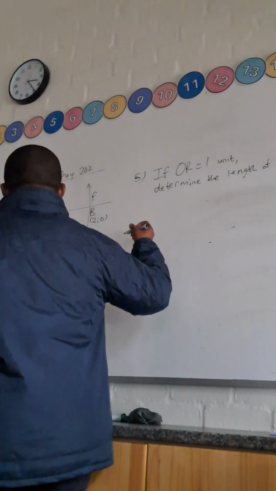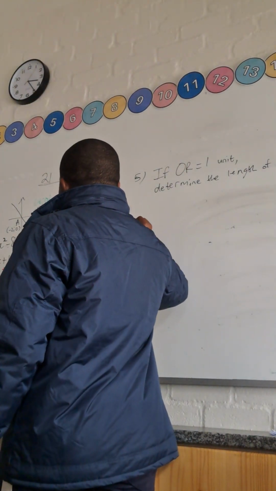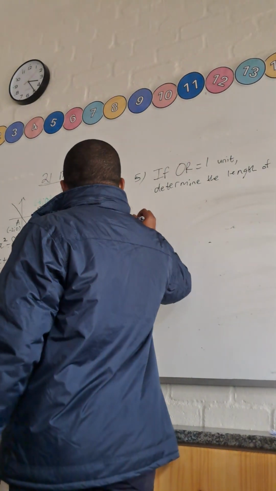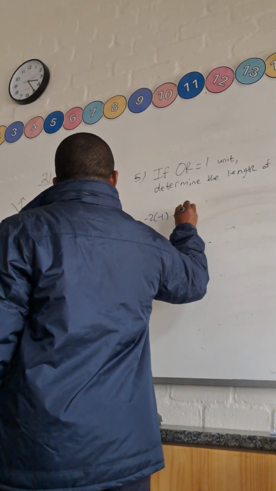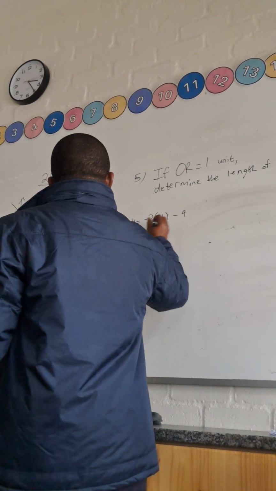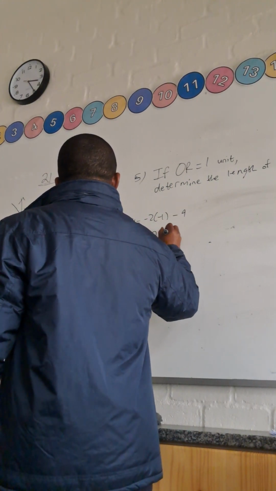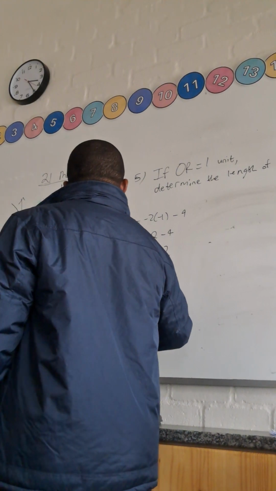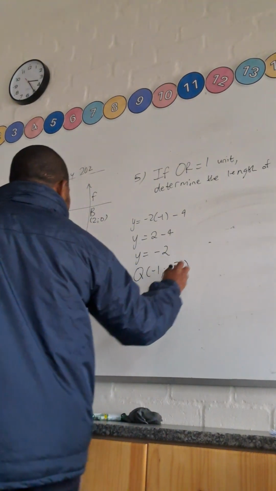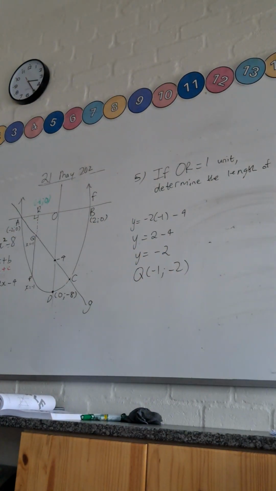Q is on the straight line, so I'm going to substitute -1 into the straight line. Negative times negative is +2, minus 4. So Q has the coordinates -1, -2. What I did: Q is on the straight line, I substituted x equals -1 into the straight line.